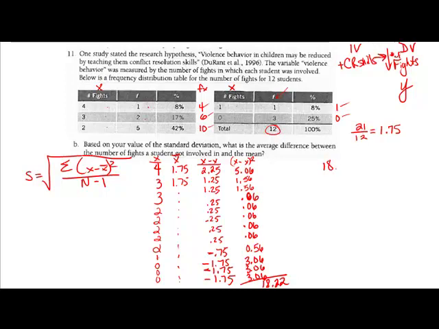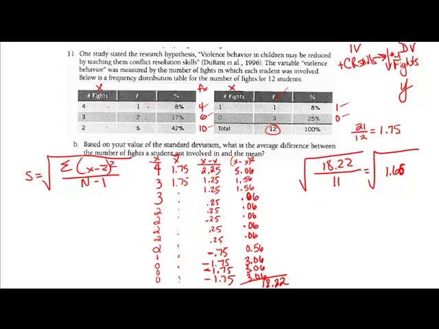So 18.22 divided by n minus 1, which is 11. That actually rounds up to 1.66.